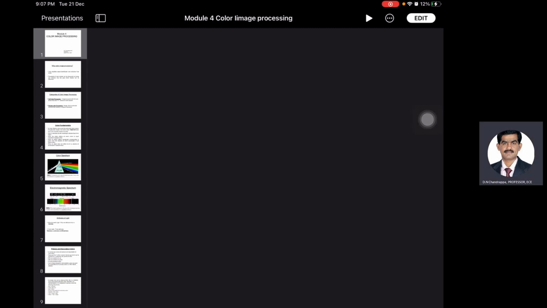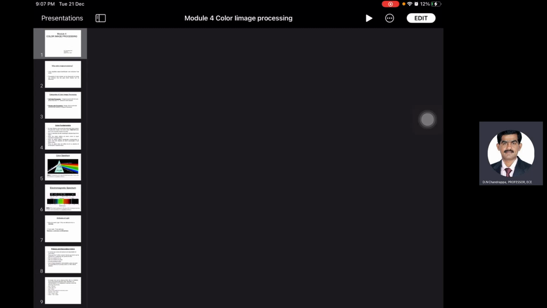In color image processing, I discussed some of the basic concepts of color images. Now, today's session is a continuation from the last class: characteristics of colors. So we have hue, saturation and intensity. Intensity is nothing but brightness.